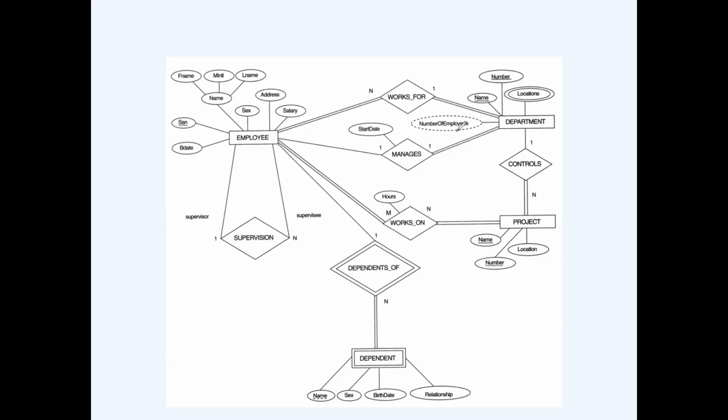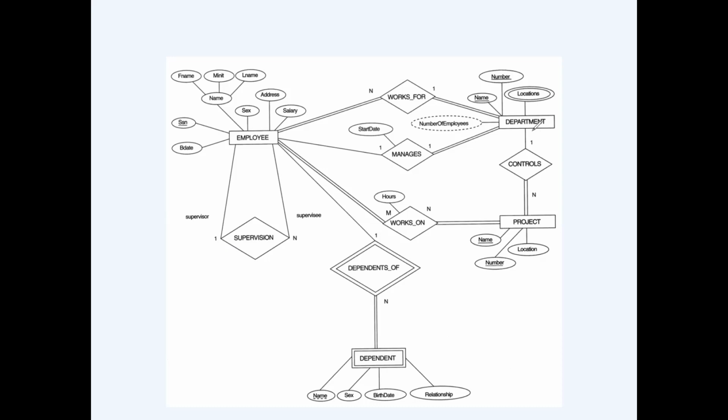Okay, so now we have discussed entity types, right? And then attributes, and then relationships. Okay, then I would like to discuss key attributes. Now, when you are defining entity types like this, you have to have unique attributes.